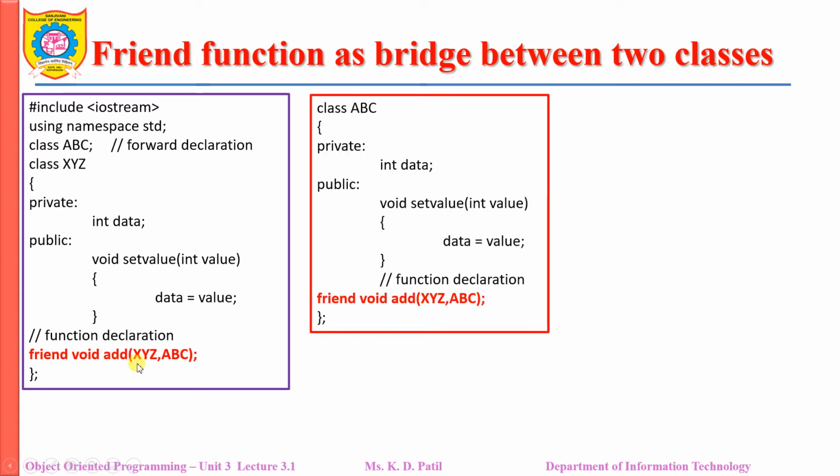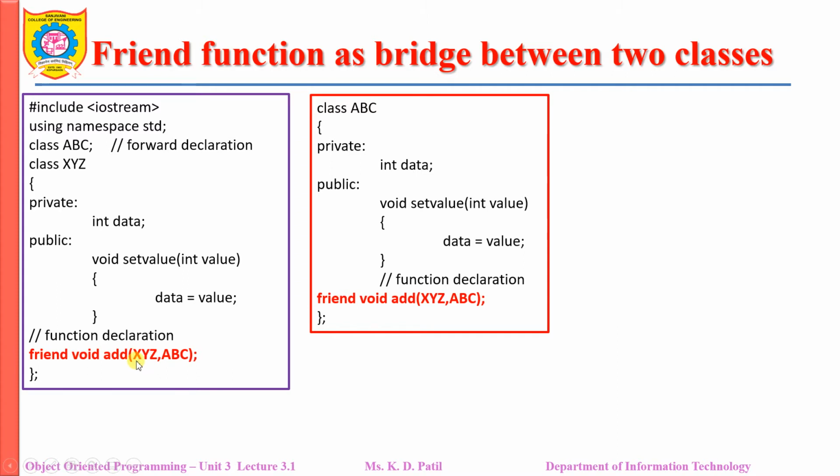Now let us consider the second class, ABC, which has a private data member named data, the member function set value, and a friend function void add. Now if you observe here, for both the classes ABC and XYZ, a friend function is common.